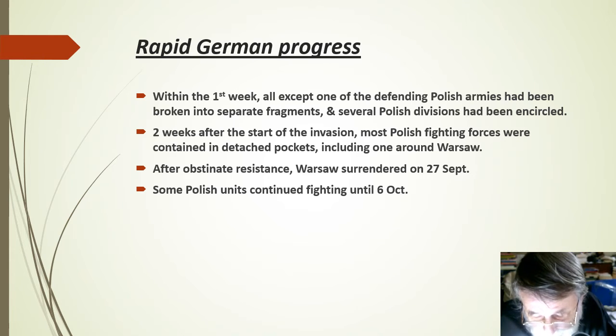After obstinate resistance, the Warsaw pocket finally surrendered on the 27th of September, and as I said earlier, some Polish units continued fighting until the 6th of October, but essentially in vain.